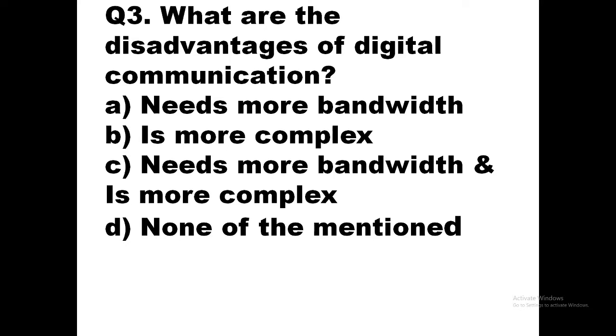So here the options are: needs more bandwidth; it is more complex; C says it needs more bandwidth and it is more complex; and none of the above mentioned. So here option C is correct because it requires more bandwidth. As the number of bits per second increases, it requires more bandwidth, and to handle that bandwidth the circuit is complex. Okay, so option C will be correct.